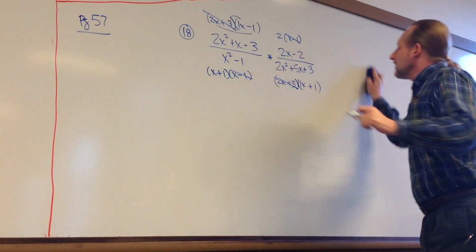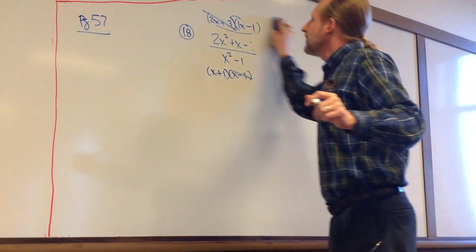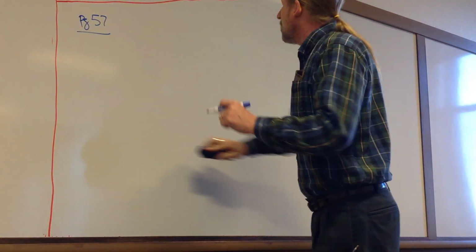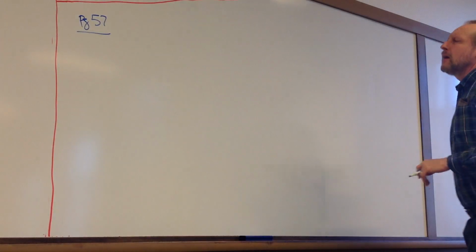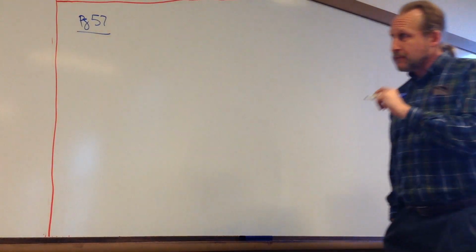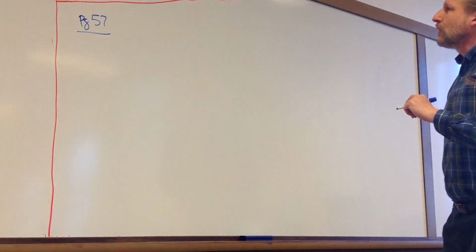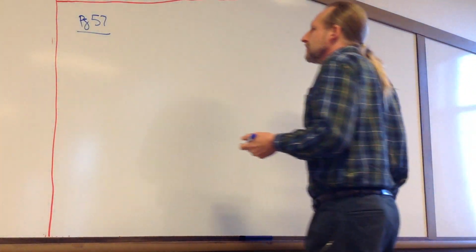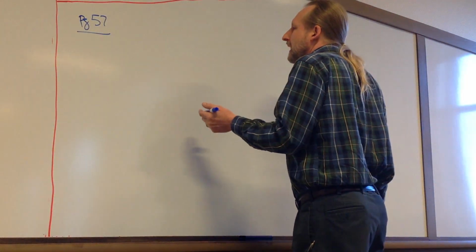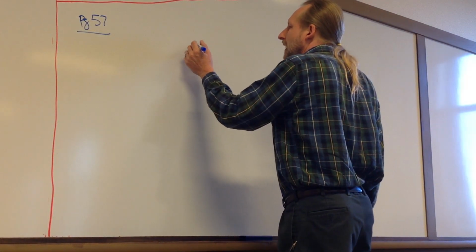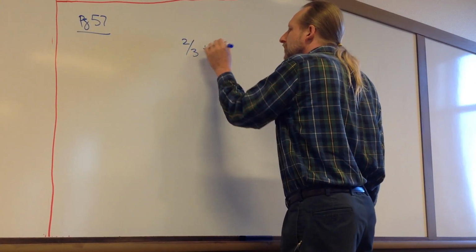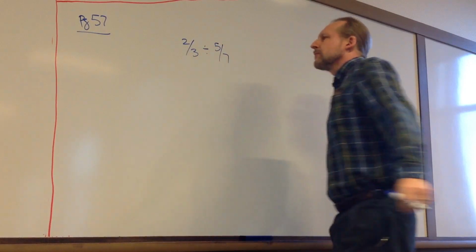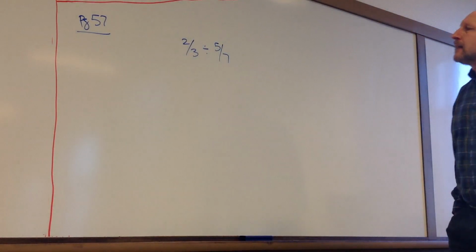Now let's look at a couple of division problems. So first, let's talk about dividing fractions. This is kind of an interesting topic. What if we wanted to divide a couple of fractions? Let's say we wanted to divide 2/3 divided by 5/7.